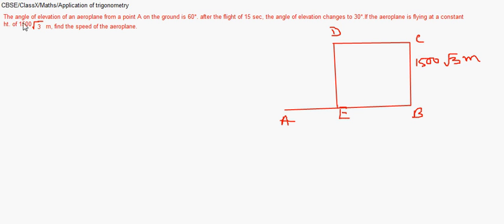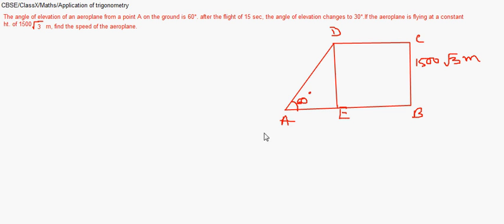The angle of elevation of an aeroplane from a point A on the ground is 60. Suppose this is 60, the aeroplane is at point D. After a flight of 15 seconds, the position of the aeroplane has changed from D to C. In that case, the angle of elevation also changes.